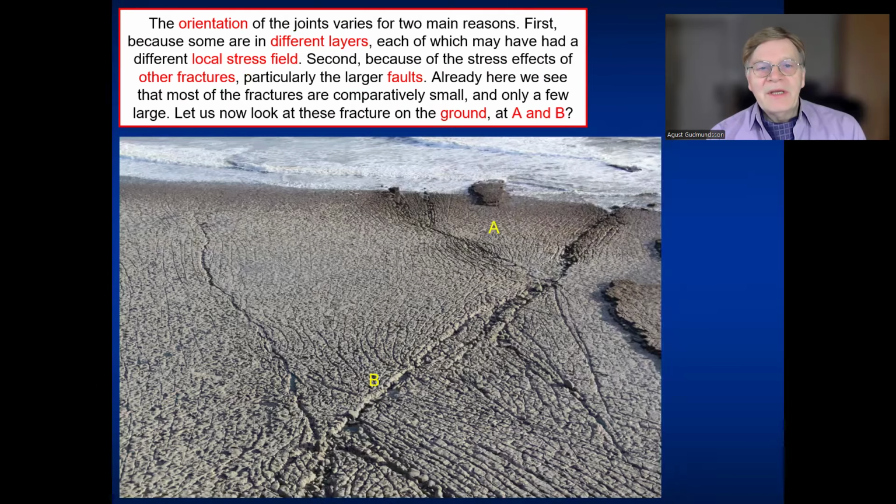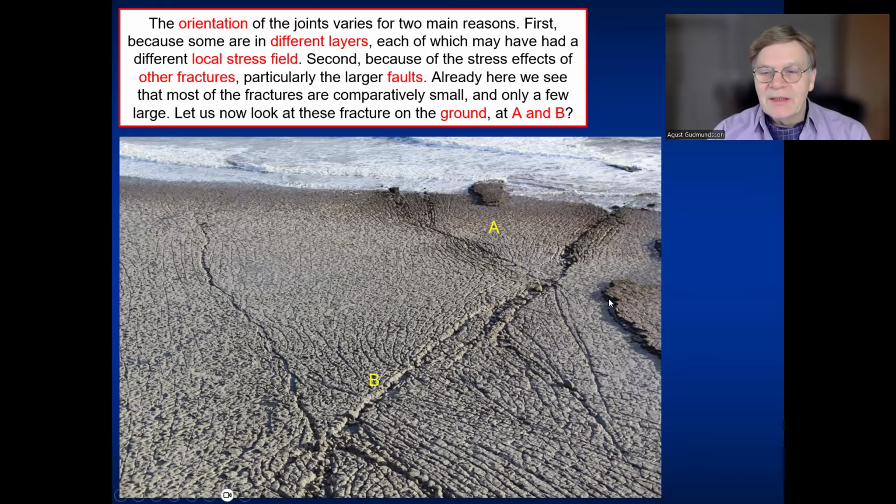Now, the orientation of the joints varies, and it does so for two main reasons. First, the joints are in different layers. For example, if you look here at A, we see joints spreading out in this limestone layer, but there's another layer here, and in fact we see the edge of another one there.